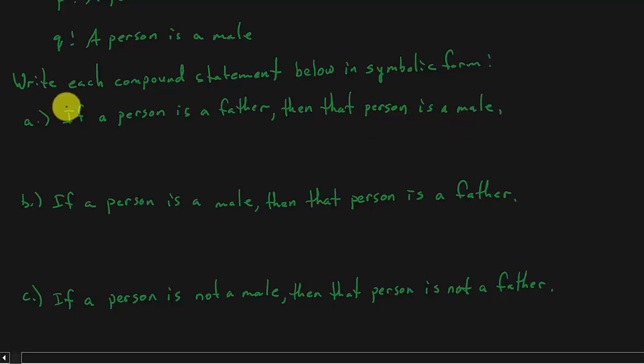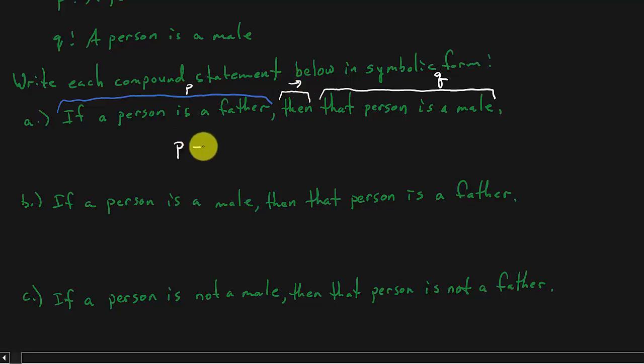So this right here is P. Then that person is a male, that is Q. And then the then here, there's your symbol. So this would be P arrow Q. This would be your symbolic form.